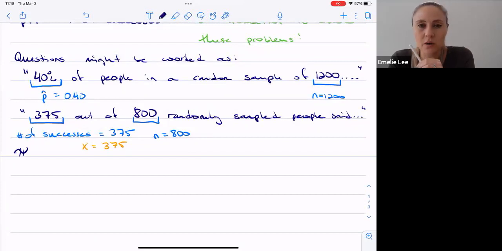Okay, so if we know that these sample proportions come from a normal distribution, let's remind ourselves of the conditions, right? There were conditions to using this normal distribution.